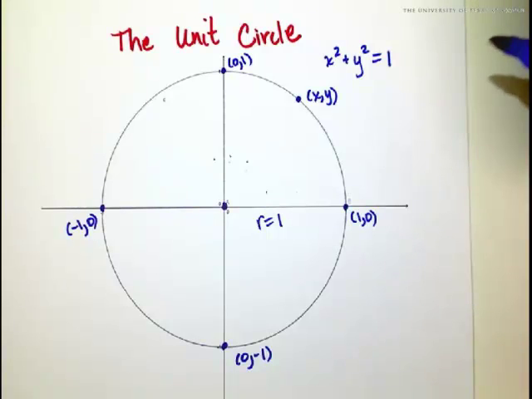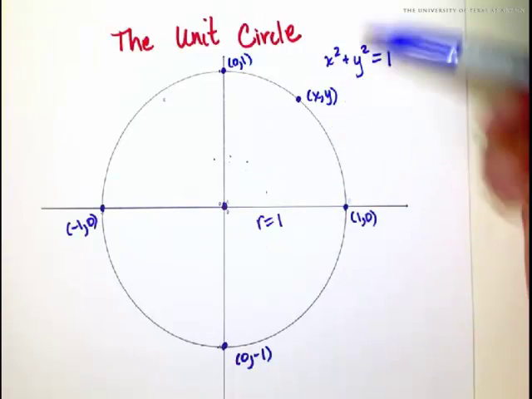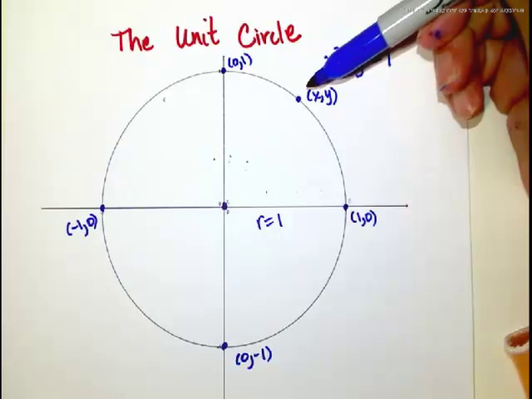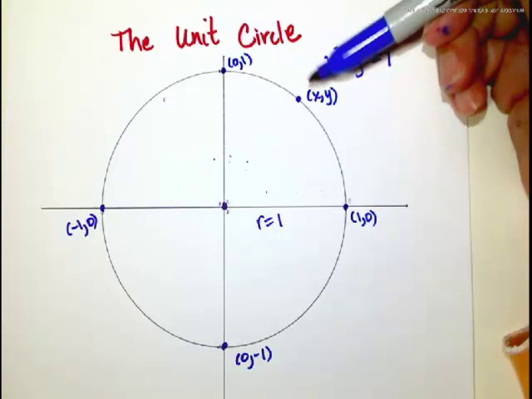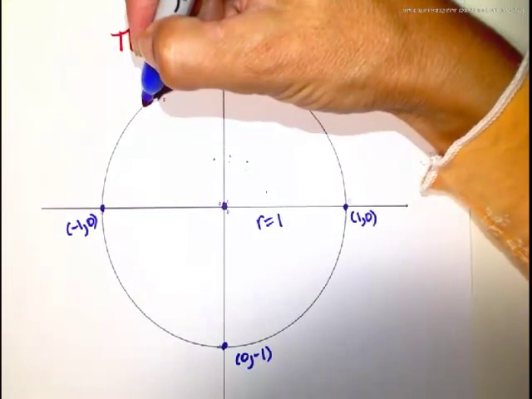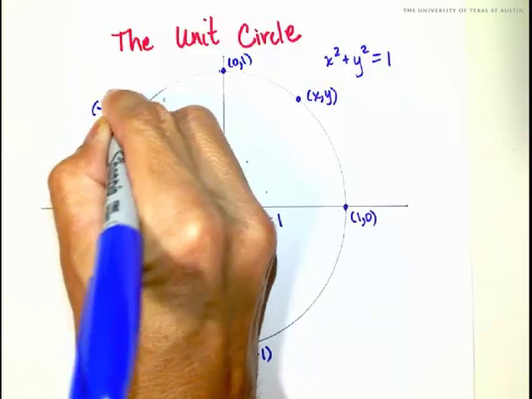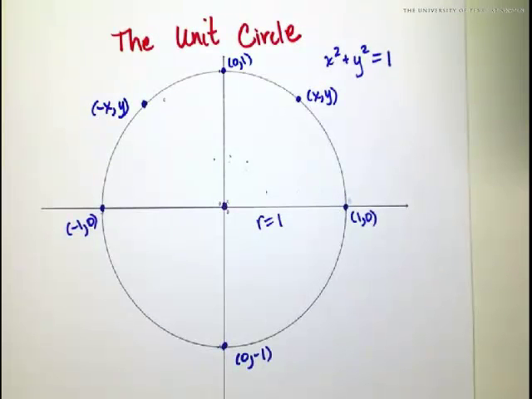Now, what's true about all circles centered at the origin is that they have some symmetric properties. If I know the point (x, y) lies on the unit circle, and this is true for any point (x, y), I know that the point (-x, y) also lies on the unit circle.